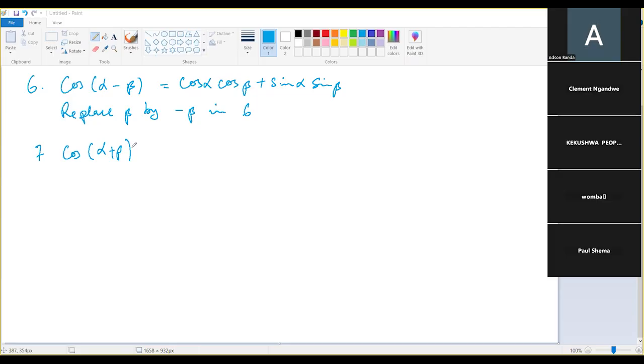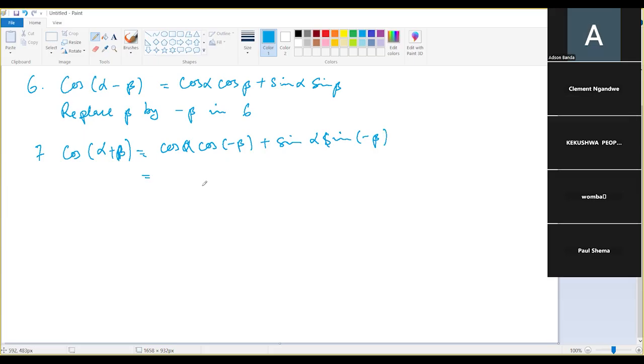So I was saying that if we substitute in 6 beta for minus beta, what we are going to get is the following. So in this case, we have, of course, alpha plus beta, and this is equal to the cosine of alpha, and then the cosine of minus beta, plus the sine of alpha, and the sine of minus beta.